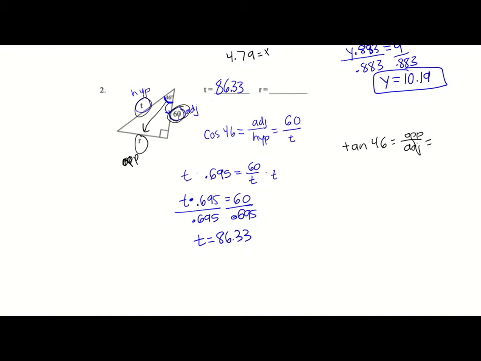And those values, the opposite is R and the adjacent is 60. Tangent of 46 in my calculator gives me 1.036, which is R over 60. Multiply both sides by 60. And I'm left with R equals 62.16.